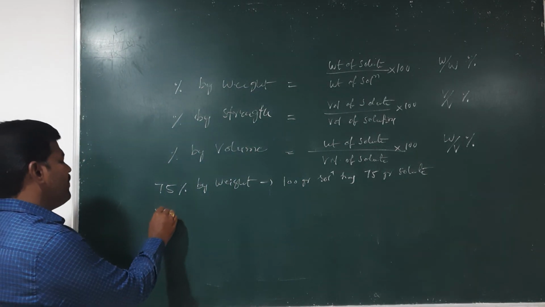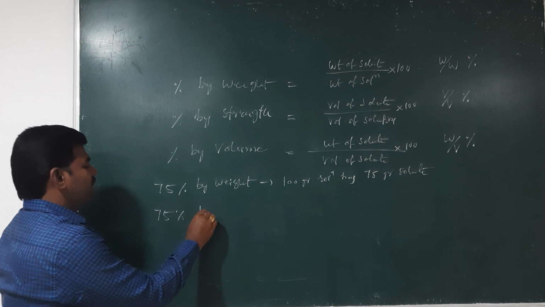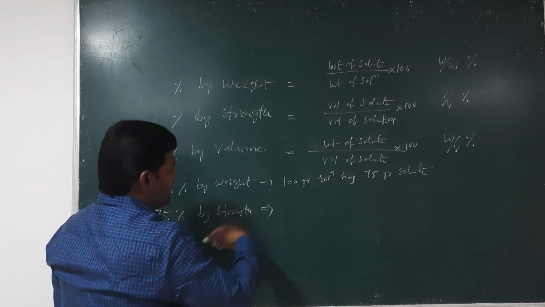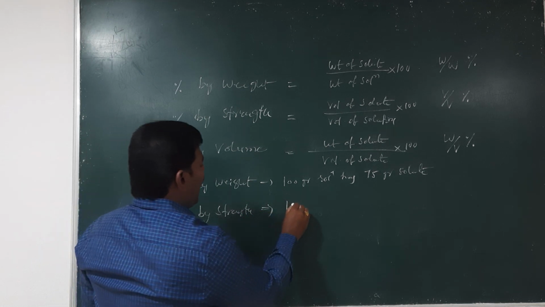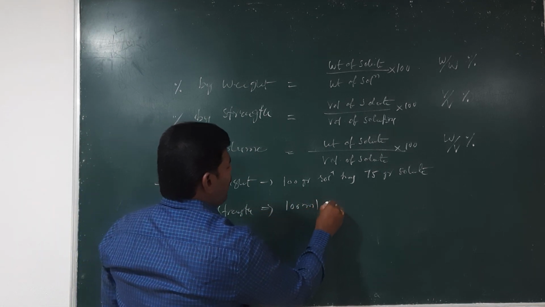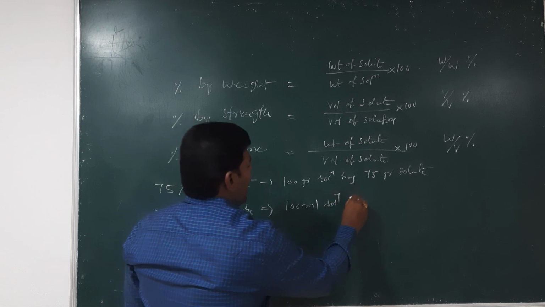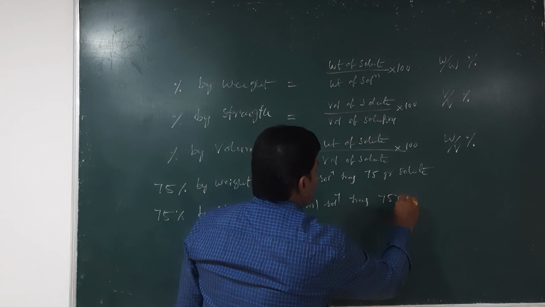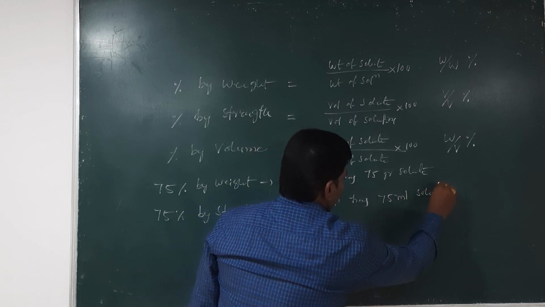And 75% by strength means 100 ml of solution has 75 ml solute.